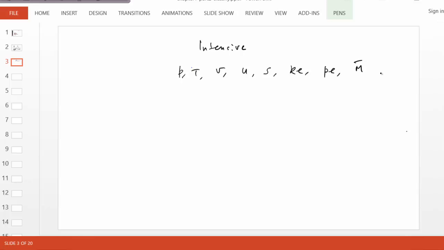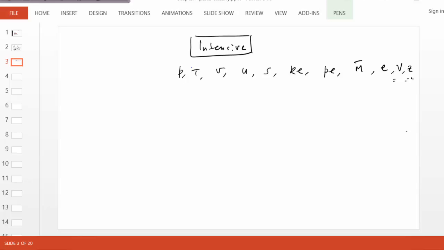We can keep expanding, E, etc. If you look at these properties, you'll notice that there are some properties that probably depend on an observer. Let me put velocity of the system and elevation of the system. So velocity and height or elevation are very special properties that people can disagree upon. In other words, it depends on the frame of reference.